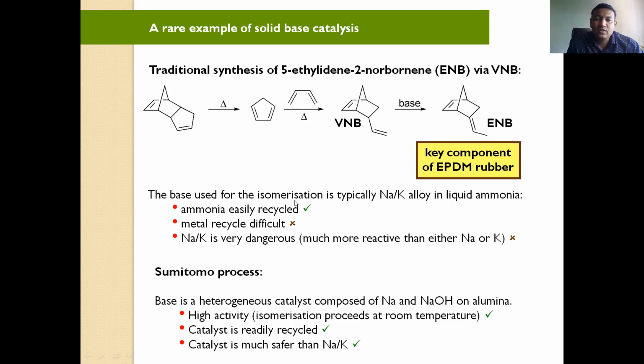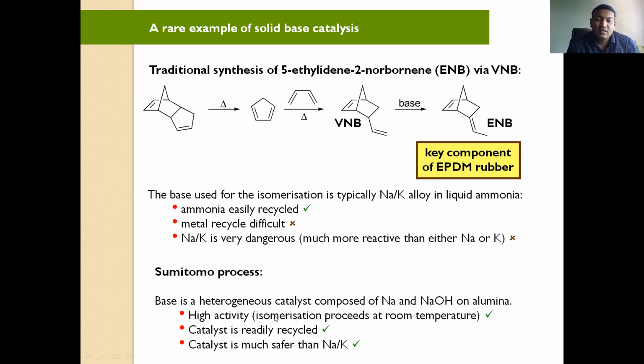The base used for the isomerization is typically a sodium potassium alloy in liquid ammonia. Ammonia is easily recycled, but metal recycling was difficult. And the sodium and potassium that we were using was dangerous. But now, in the Sumitomo process, obviously they have used a catalyst.